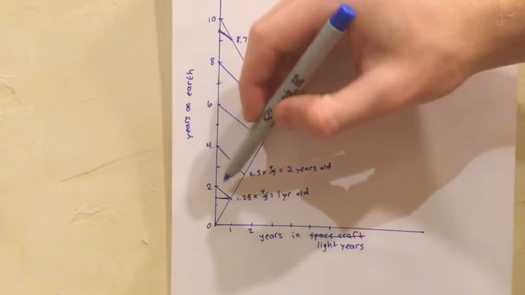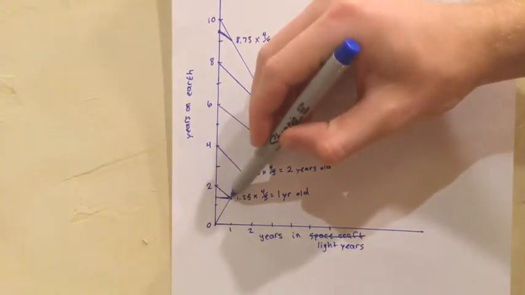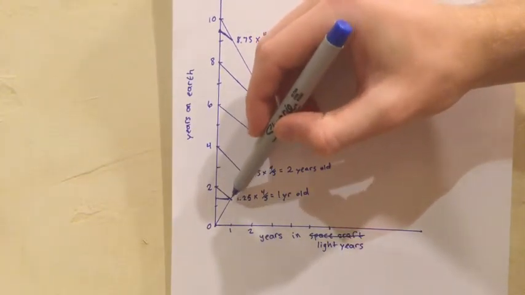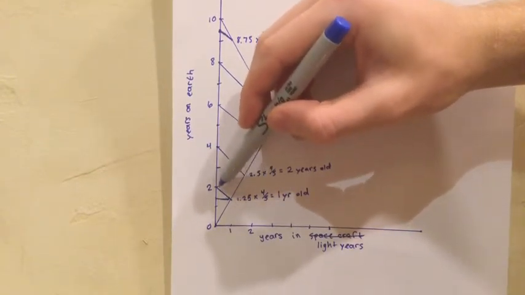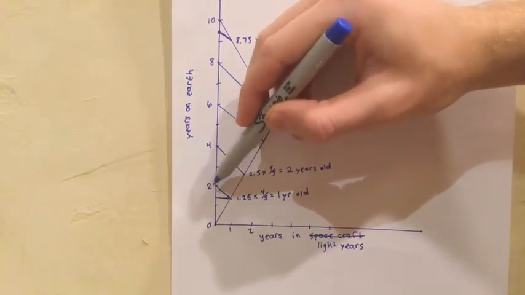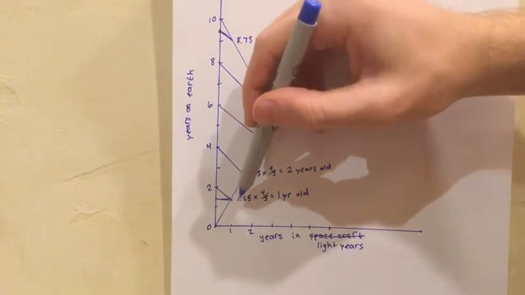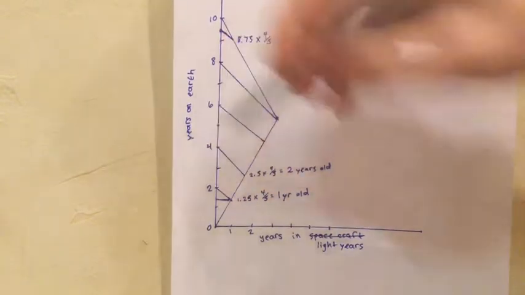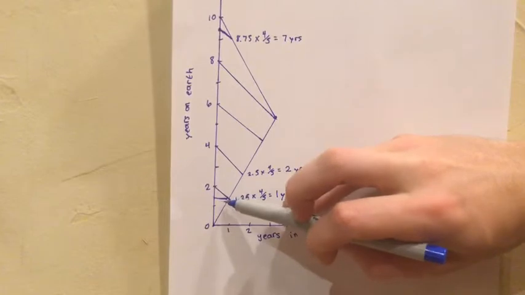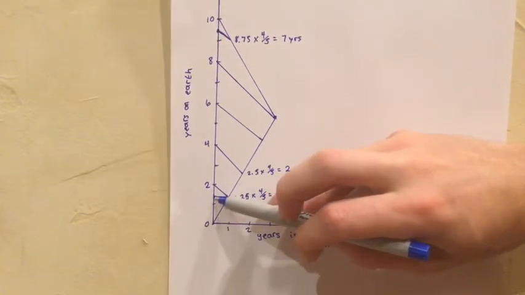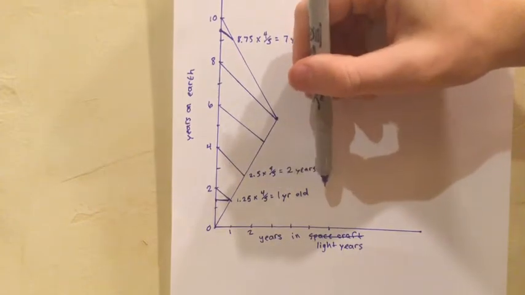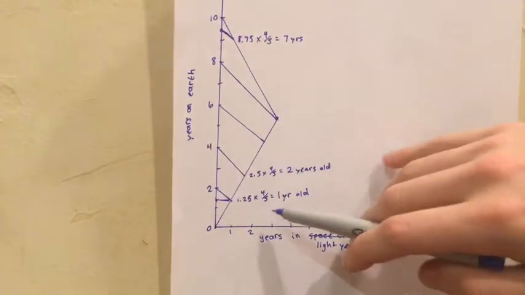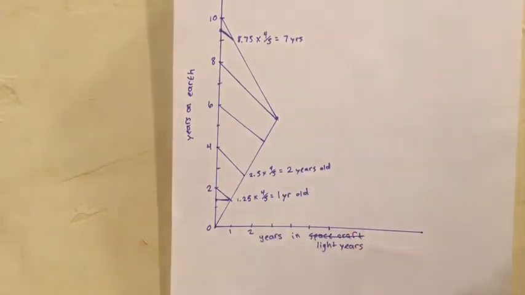Therefore, at this point right here, when the twin on the rocket ship sends a picture to the twin on Earth, the twin will receive it when he is 2 years old. So the twin in the rocket ship will appear 1 year old, because when you go straight across, this point is 1.25, and when you multiply that by 4/5, it equals 1 year because of the Lorentz transform.